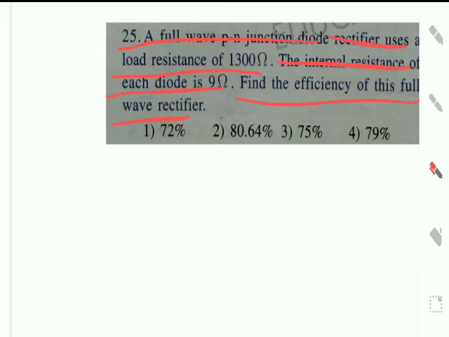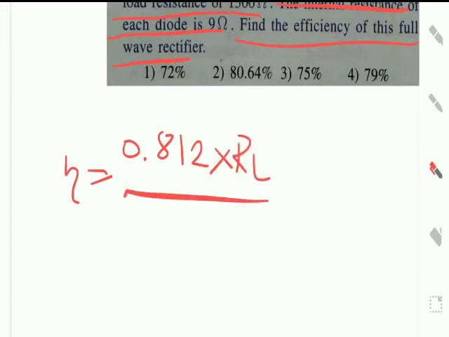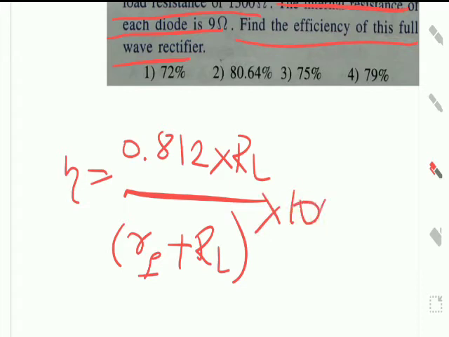The formula of efficiency η is equal to 0.812 into RL, the load resistance, by forward bias diode resistance plus load resistance, into 100.